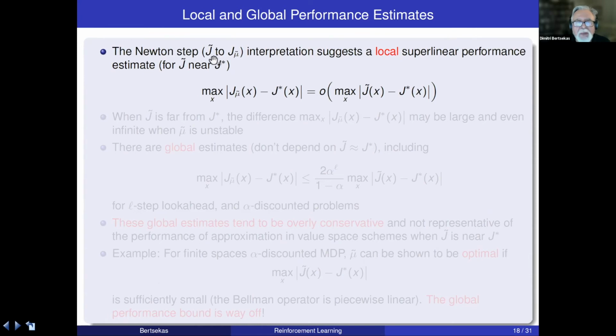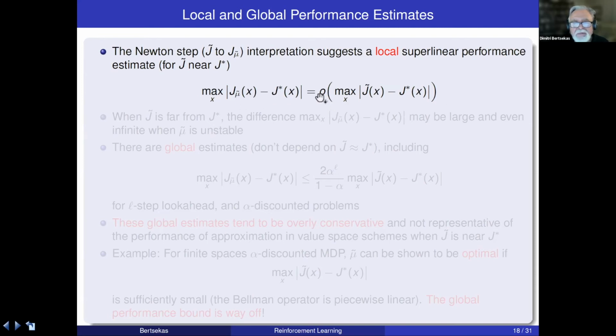Okay, the Newton step takes j tilde into j mu tilde, and it is governed by a local and superlinear convergence estimate, local in the sense that it holds for j tilde near j star. It has this form. It says that the a priori error between j tilde and j star gives you an a posteriori error after you do the one-step look-ahead minimization that is tiny relative to that.